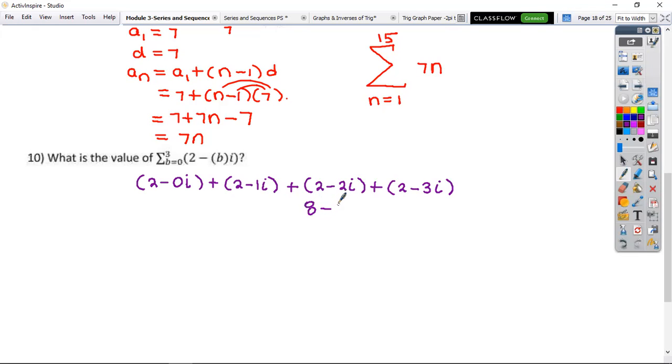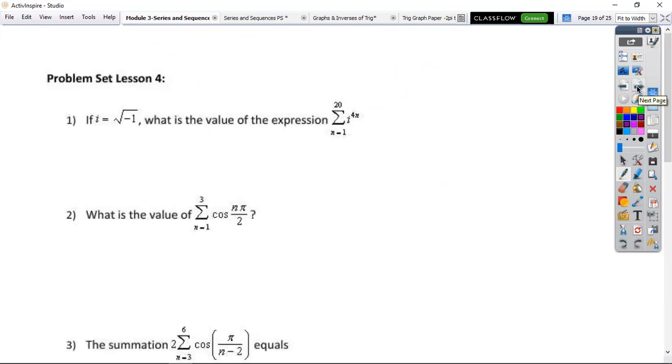Okay, so go ahead and flip over to your homework. I'm going to omit a couple questions. I'm going to give you a hint on one of these. Number one, you're going to see the i again. So you would start this question and go i raised to the 4 times 1, which is i raised to the 4th.